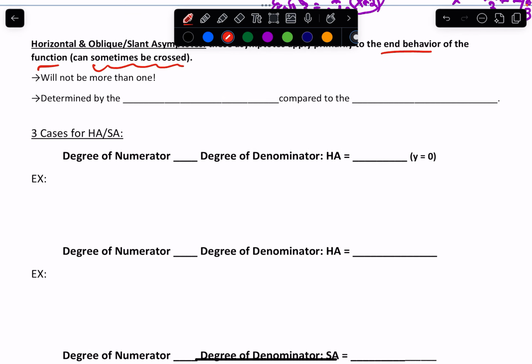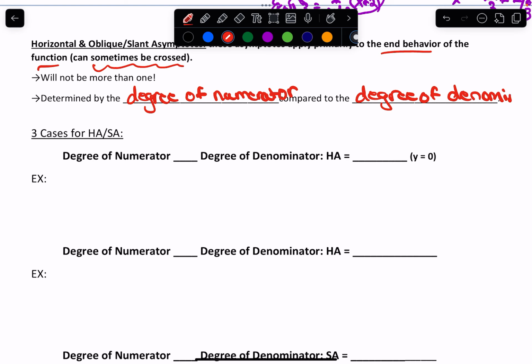There will not be more than 1, determined by the degree of the numerator compared to the degree of the denominator.